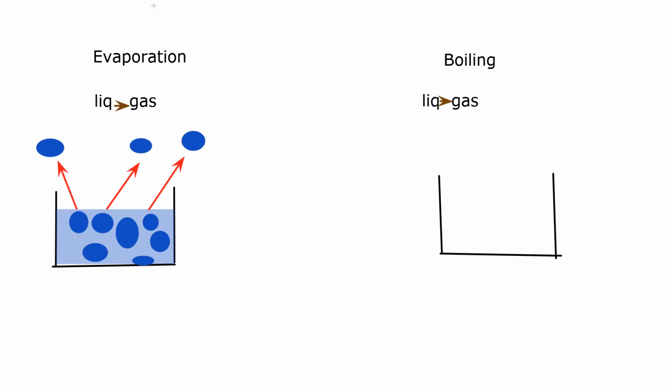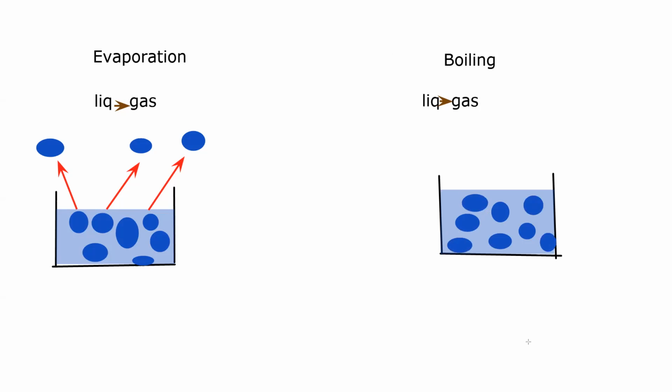Whereas in boiling, what happens? When you supply heat energy to a liquid, at a certain temperature, the liquid molecules start to turn into a gaseous state, or the liquid changes into a gas.